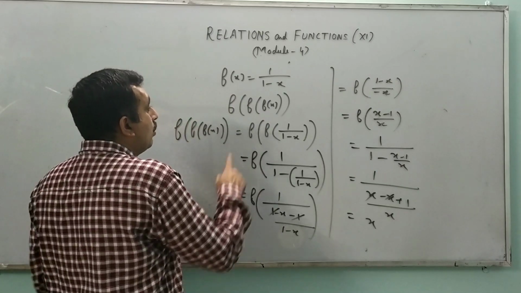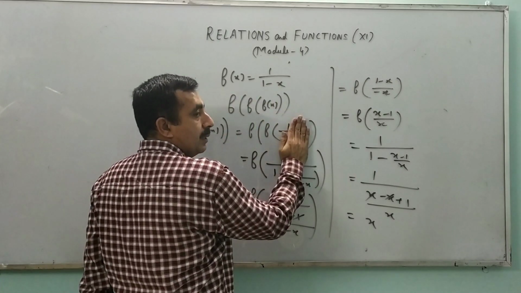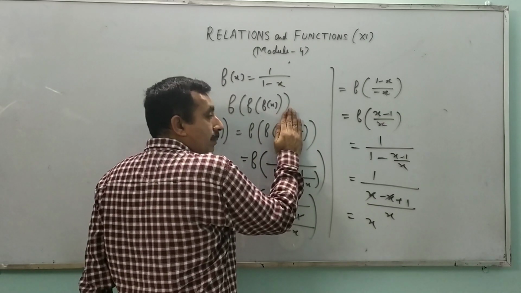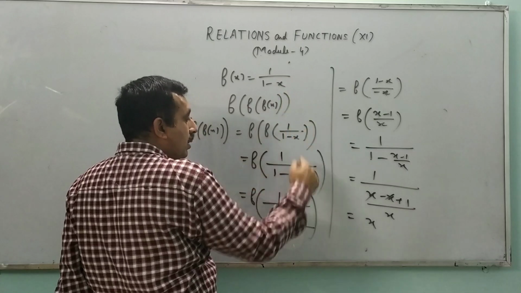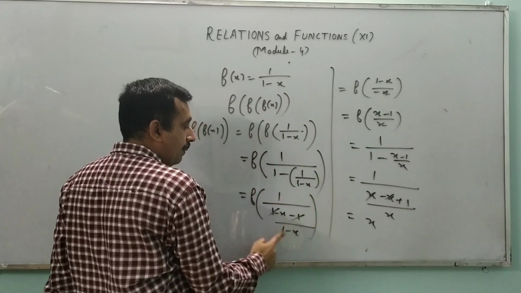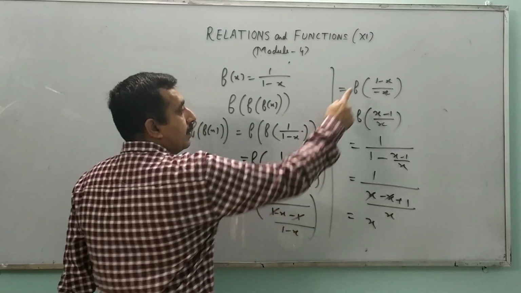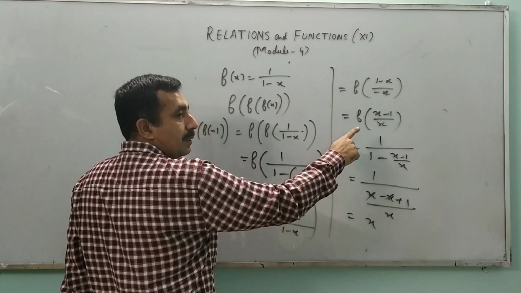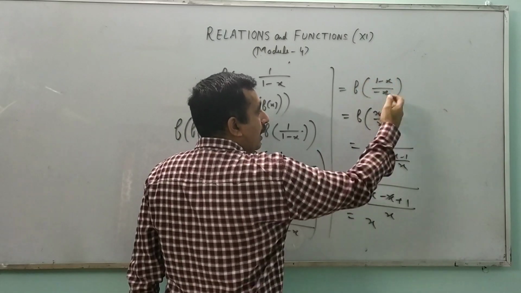So the question is to find out f of f of f(x). Firstly write the value of f(x). Now it will become x for this f, so wherever there is x write down this value. Take LCM, 1 will cancel. This 1 minus x goes to the numerator, divided by minus x. To cancel this minus, take minus common, I'll get this value.